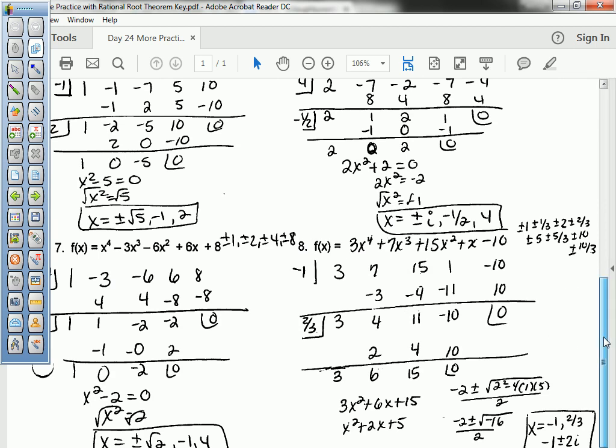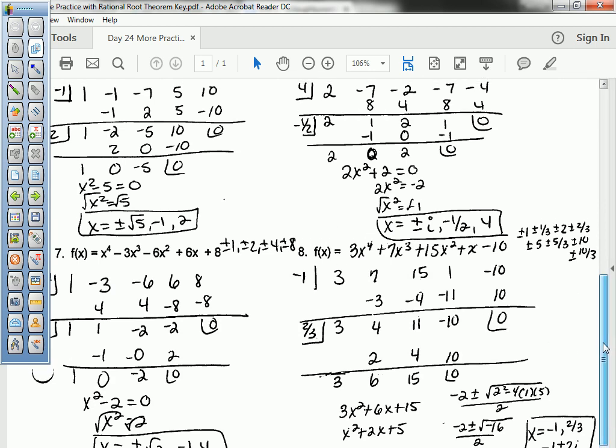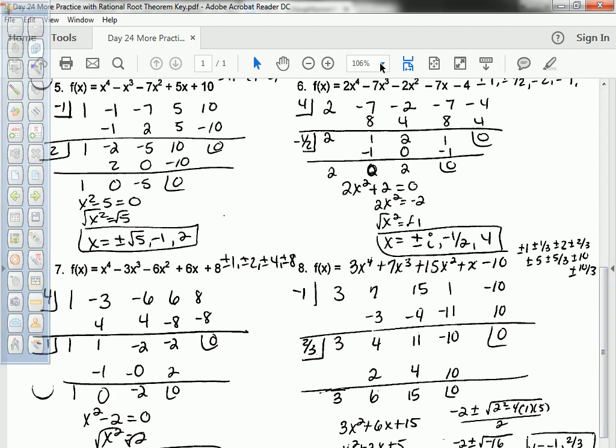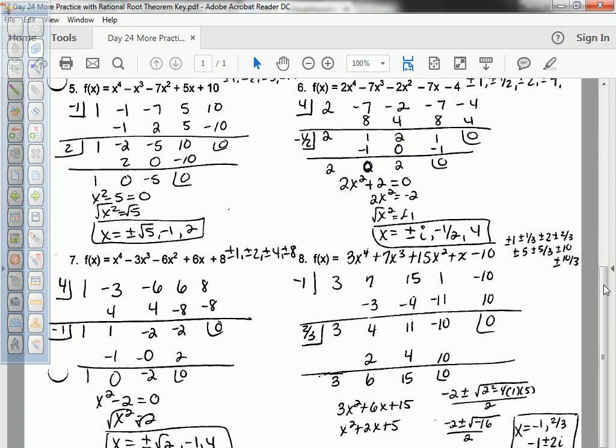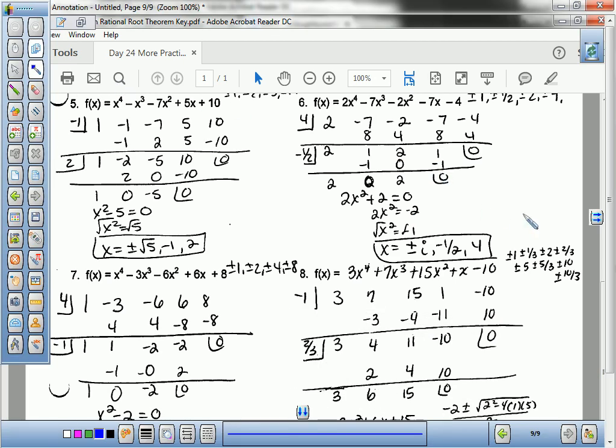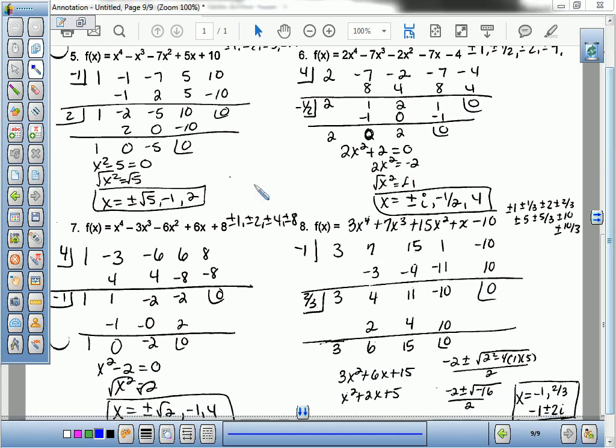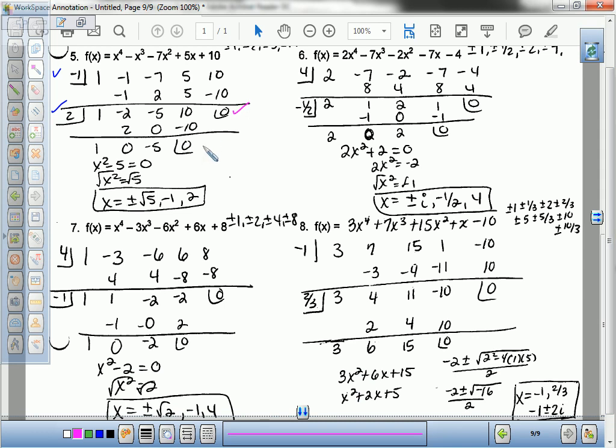All right, let's take a look at, let's see, if I go down to 100%, can I see it all? Yeah. Okay, so let's take a look at 5 and 6. This one you can see 2. So you synthetically divide twice, and that second division starts with the answer from the first. And this is what we're checking for, 0, 0.